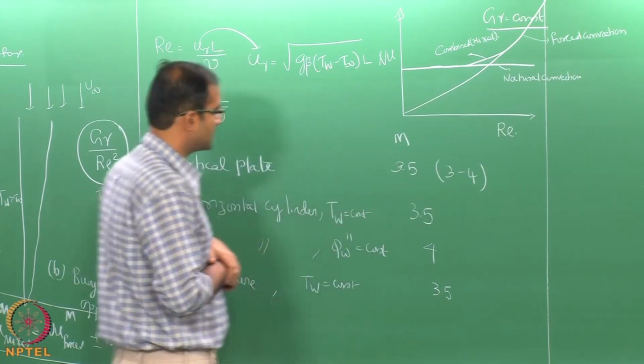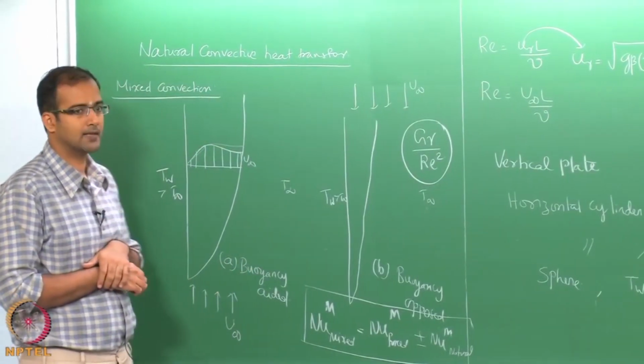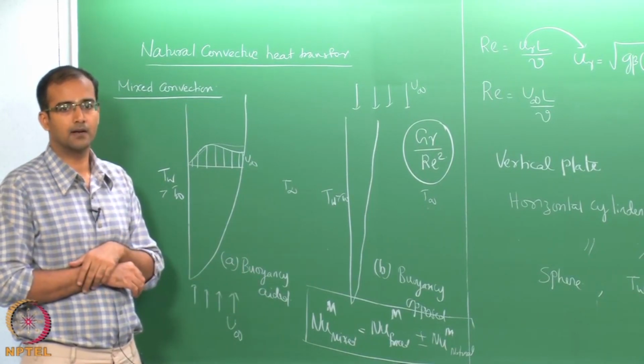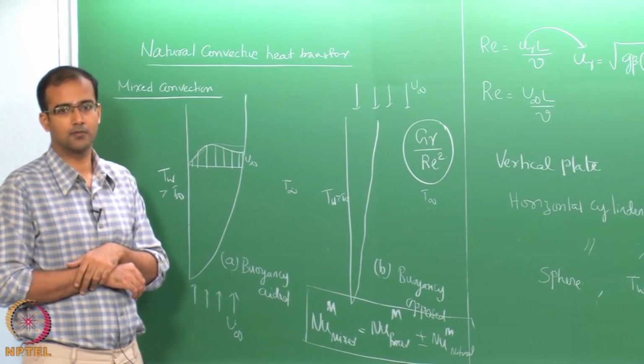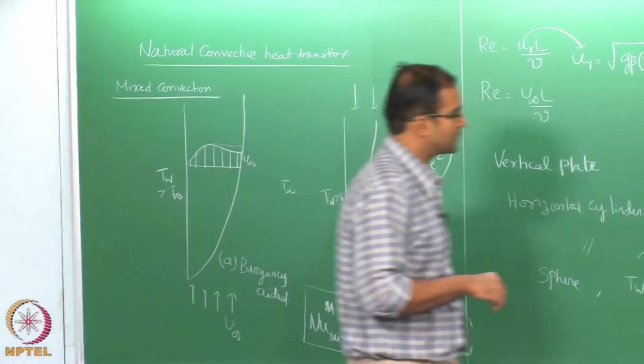So, now what we will do is first take up the pure natural convection case, where we do not have any bulk motion, and try to look at some solutions to the fluid flow and heat transfer problem. So, what are the different ways of solving it?